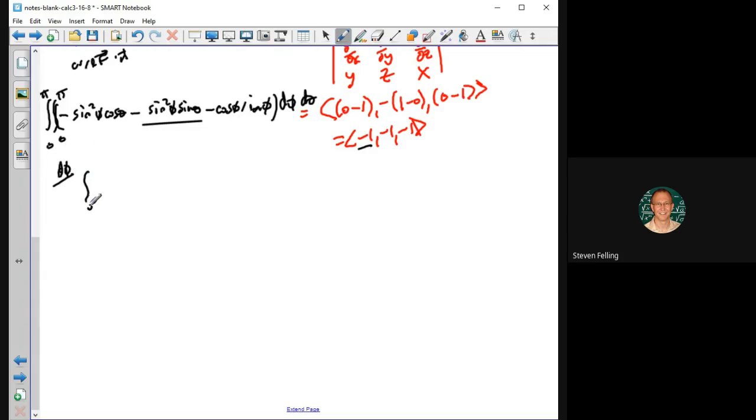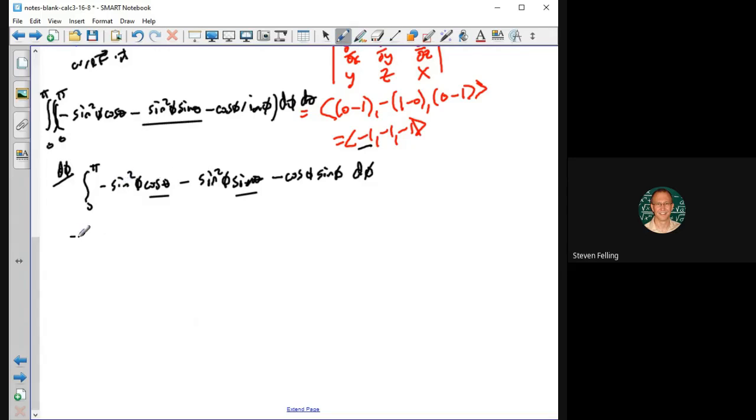Okay. So we'll take the integral from 0 to pi of negative sine squared phi cosine theta minus sine squared phi sine theta minus cosine phi sine phi. Okay, and just do the phi part. That means that this and this are treated as constants. So if you use a table, you can look up the integral of sine squared.